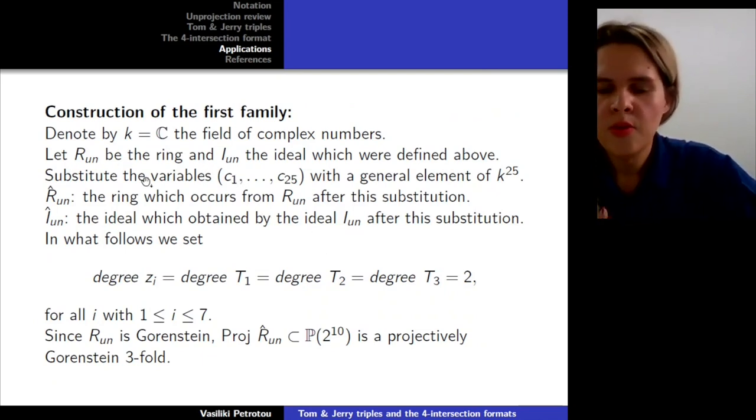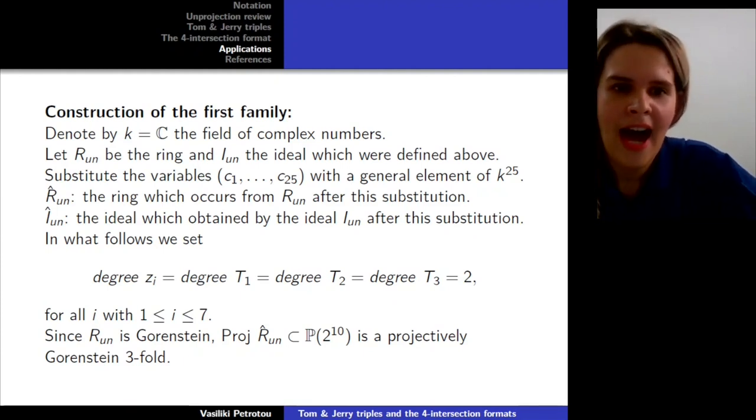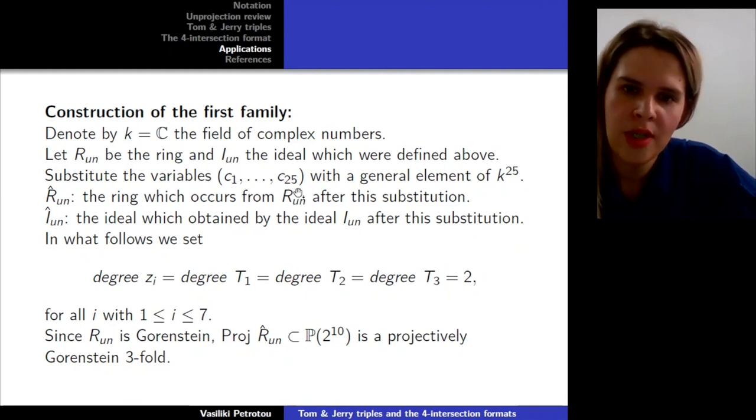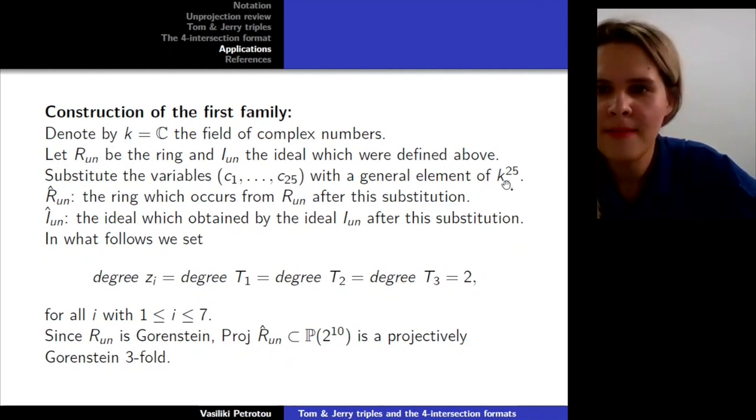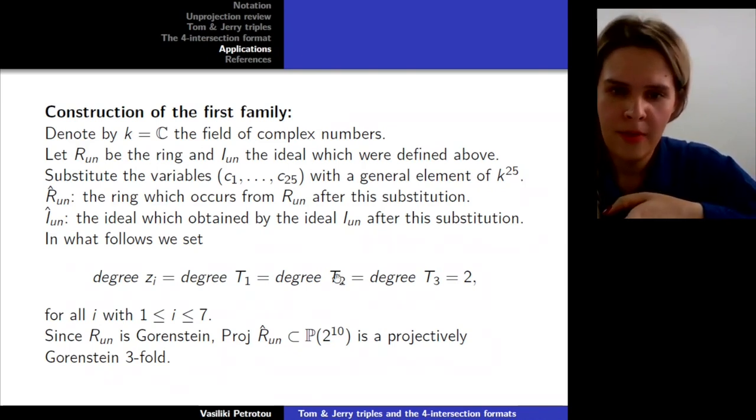And in order to prove the existence of this family, we're just playing with the degrees. What do I mean? I mean that as a first step, we set C1 up to C25 with a general element of K25. And we set the other variables to be of degree 2.